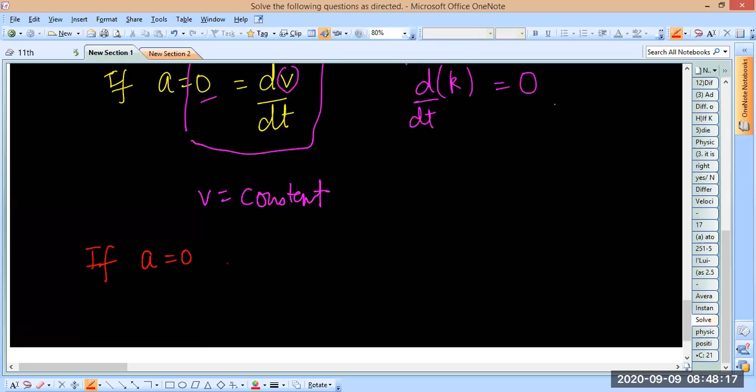This is the final sentence. If a is 0, then v must be constant, or v is constant.